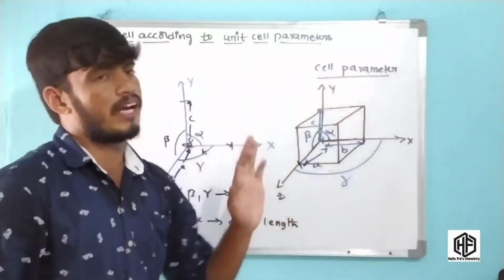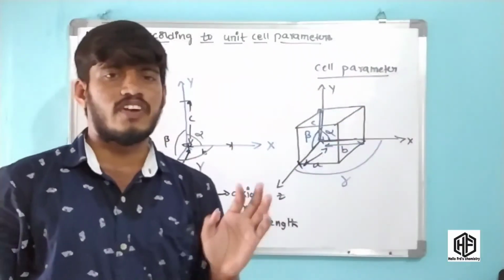According to cell parameters, unit cells are classified into 7 types.